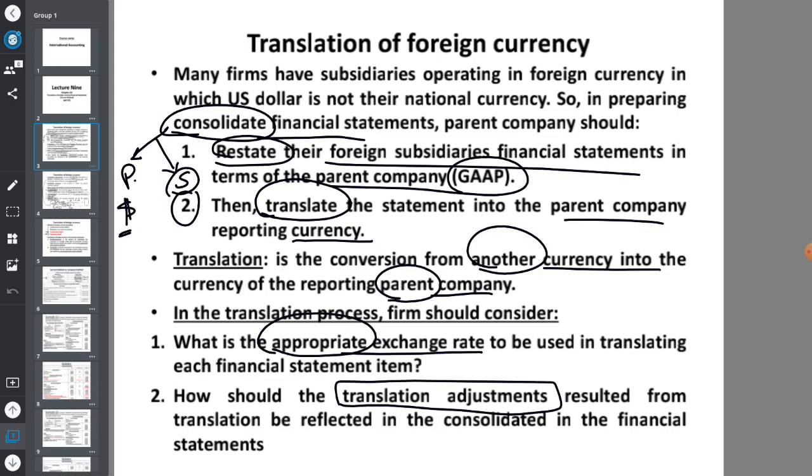يبقى أول حاجة لما أجي أعمل translation لازم أحدد which exchange rate you are going to use.